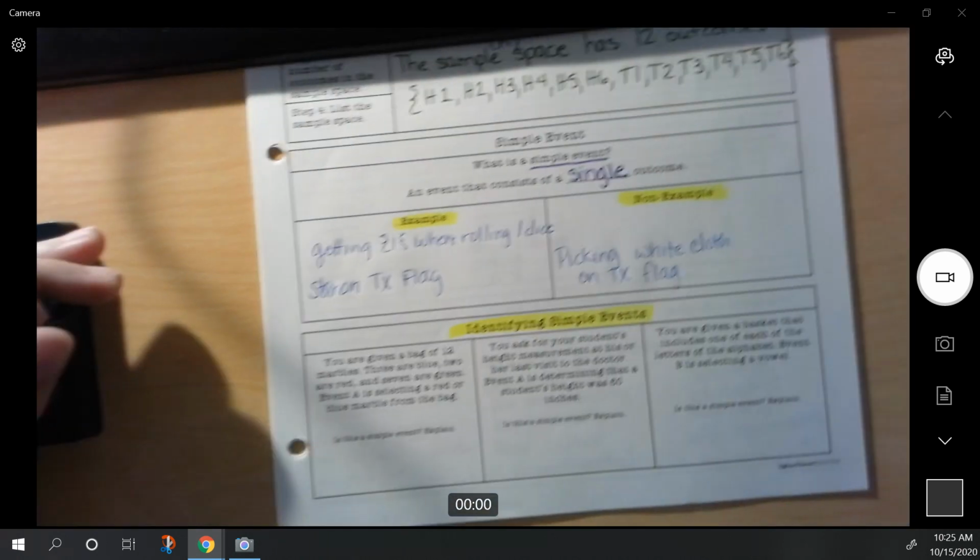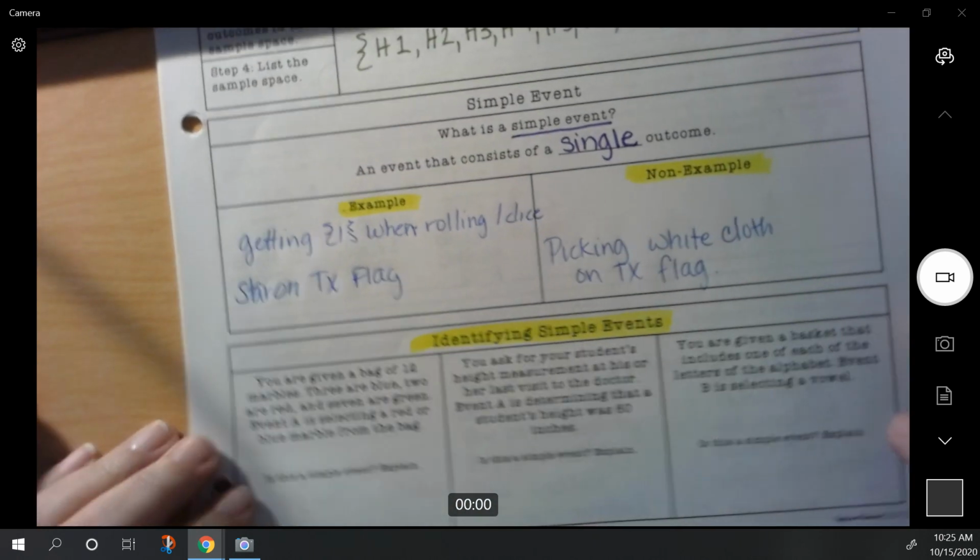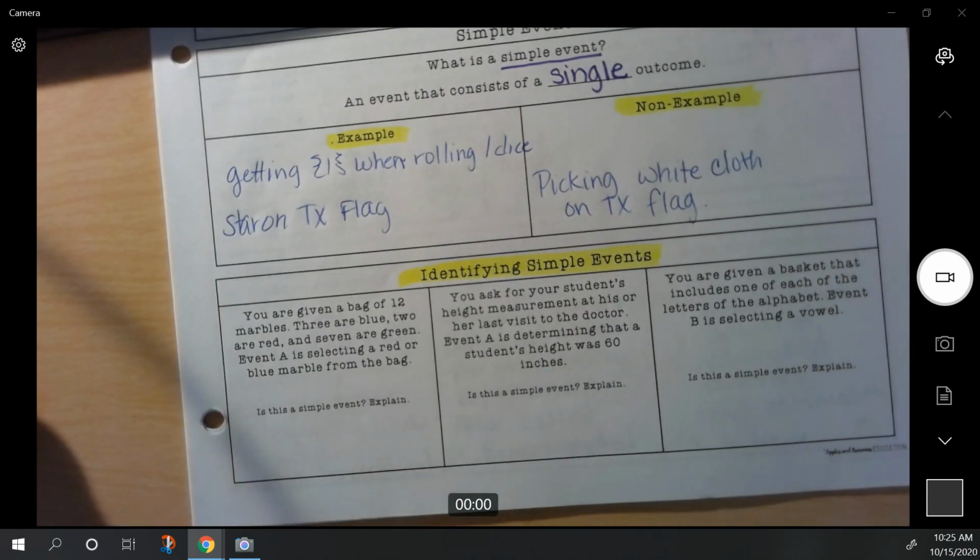Okay, so you're going to look at these 3 examples and we're going to kind of work these out together. The first one is, you are given a bag of 12 marbles. 3 are blue, 2 are red, and 7 are green. And event A is getting a red or a blue.